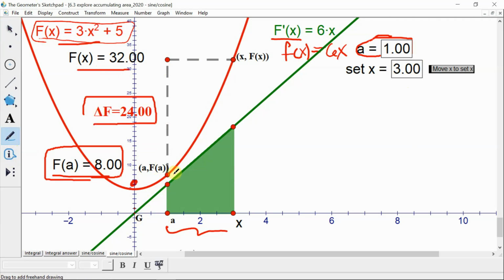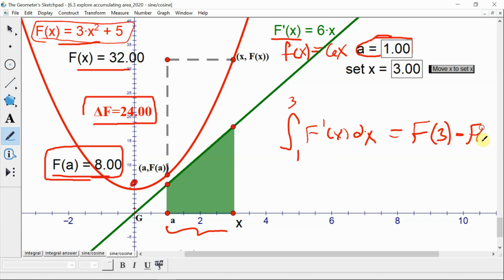So therefore, it leads us to this statement that the integral of capital F prime of x dx from 1 to 3 is the antiderivative evaluated at 3 minus the antiderivative evaluated at 1. So in this problem, we would do 32 minus 8, which is 24.